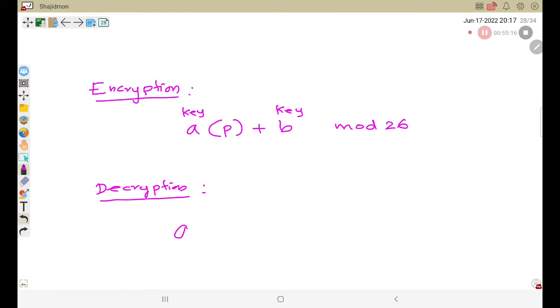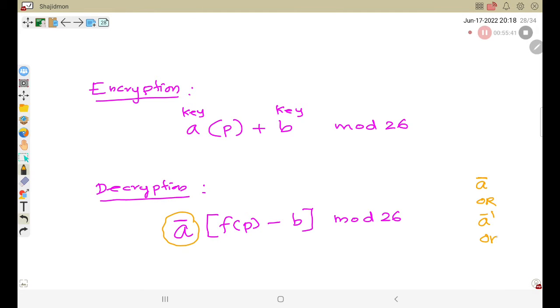Decryption means A bar multiplied by f of P value minus B, mod 26, correct? Here only this number we need to be careful. It will be given in the question, but you need to know how to calculate it. And A bar, sometimes we use A bar notation, or we can use A inverse notation, or sometimes x notation. All these three are the same.